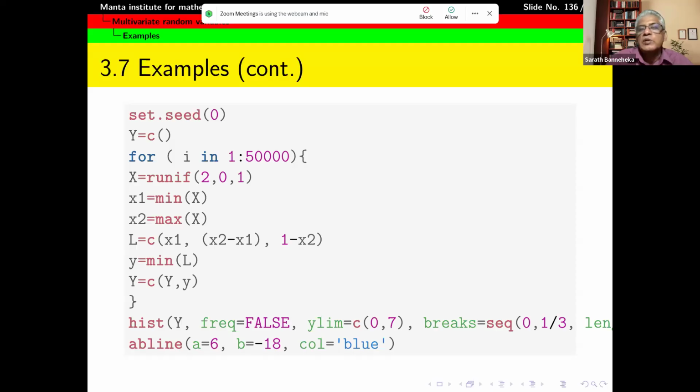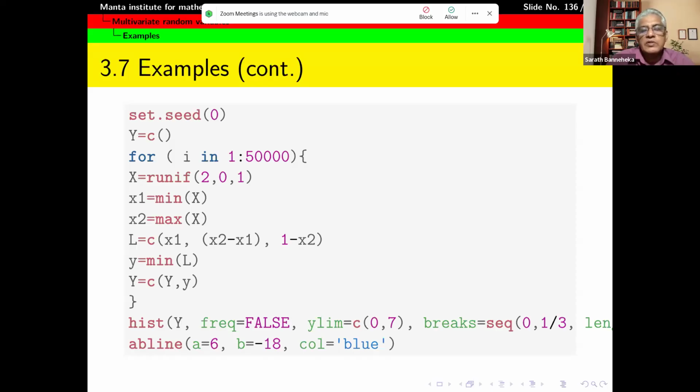I take X1 to be the minimum of those, X2 to be the maximum. Then the length values can be X1, 1 minus X2, and X2 minus X1, the lengths of the three parts.